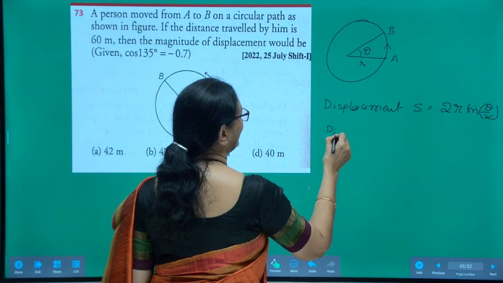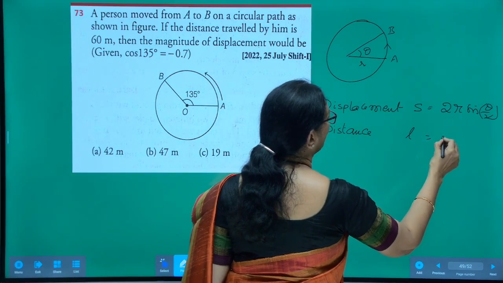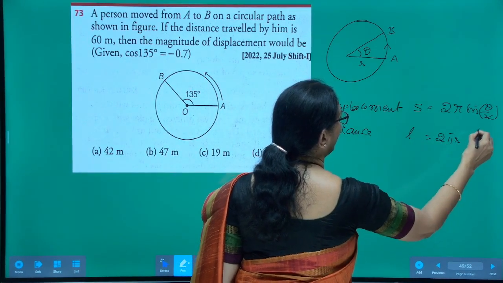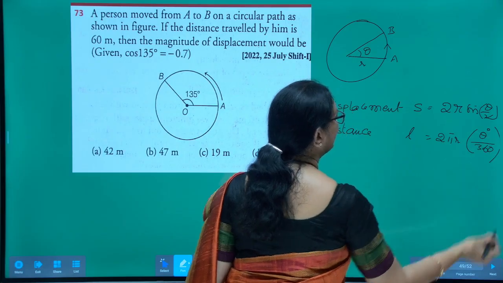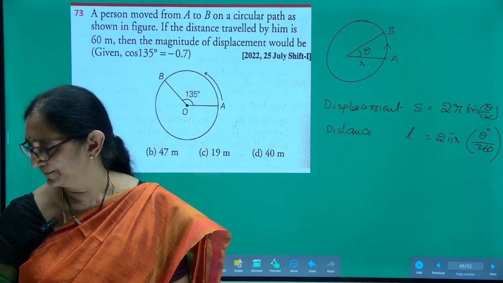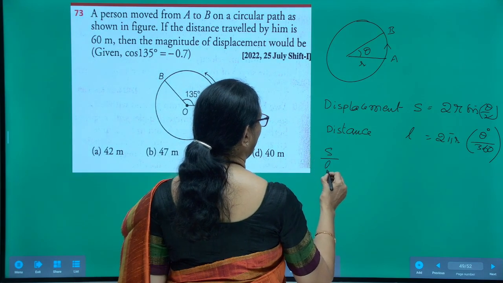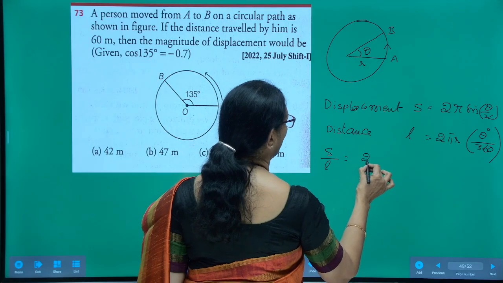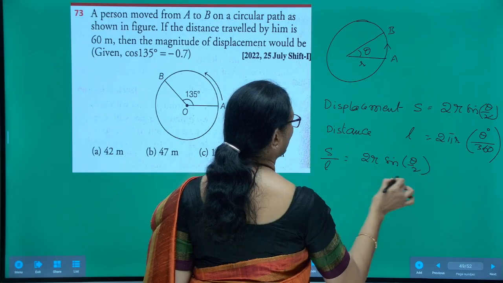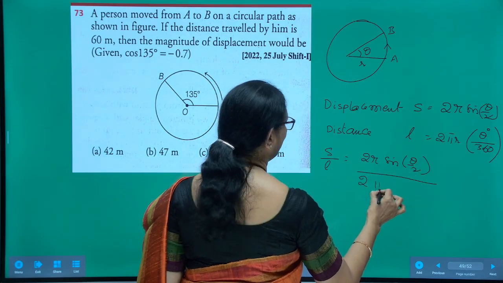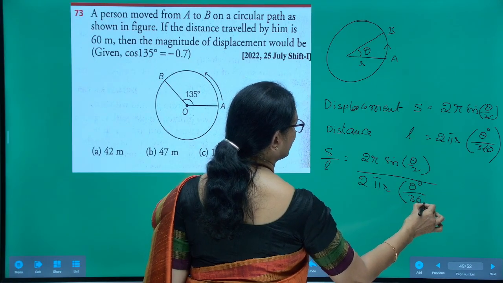And distance travelled, L, is equal to 2 pi r into theta by 360 when theta is given in degrees. So displacement by distance, S by L, is equal to 2r sin theta by 2 divided by 2 pi r into theta in degrees by 360.